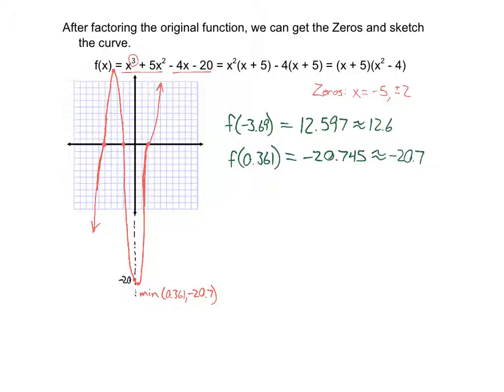Okay, so the max is the point negative 3.69, 12.6. Okay? Now, I made this kind of level off a little bit here. It shouldn't actually. It should just go straight through that point. Okay? But again, that's something that as you sketch, just do your best to make it look right. Okay?